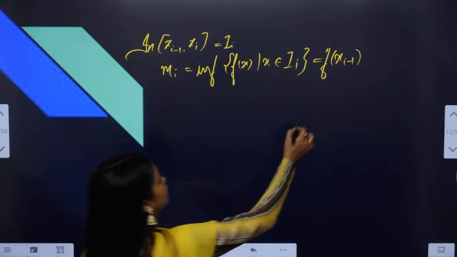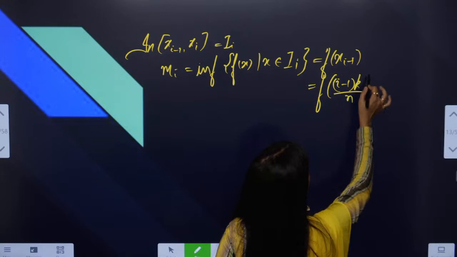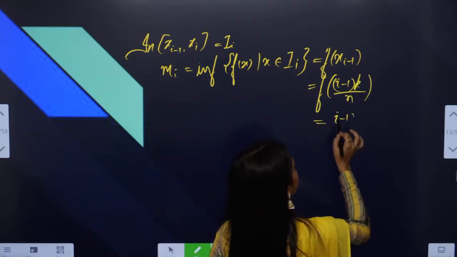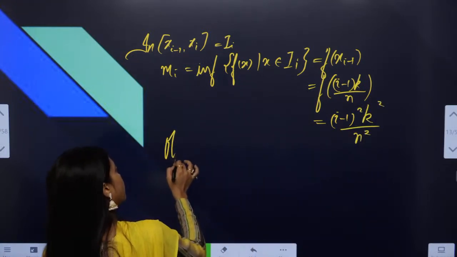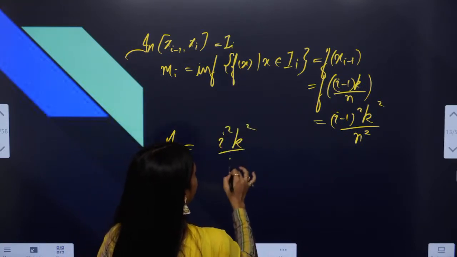So, this is f of (i-1)k by n. What is your function? Function is x square. So this is basically (i-1) square k square by n square. Similarly, you can find capital M_i. This will be nothing but i square k square upon n square.